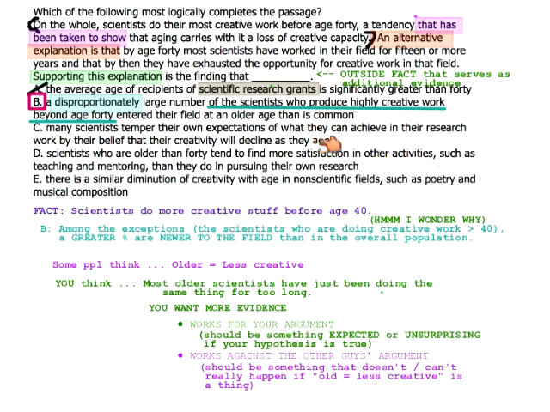If you take a look at the rest of this, choice C says that basically people tell themselves that they are getting less creative as they get older. And so they get like less ambitious or whatever. The problem is that this doesn't help explain anything.